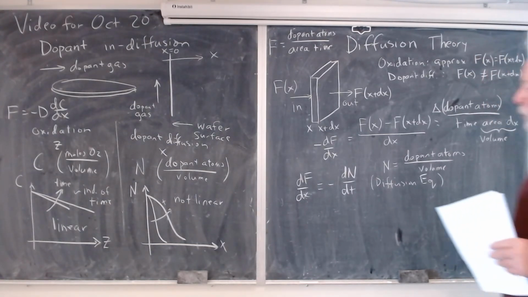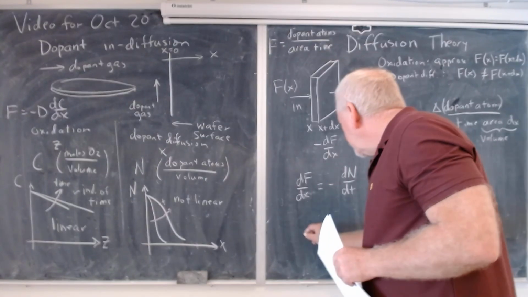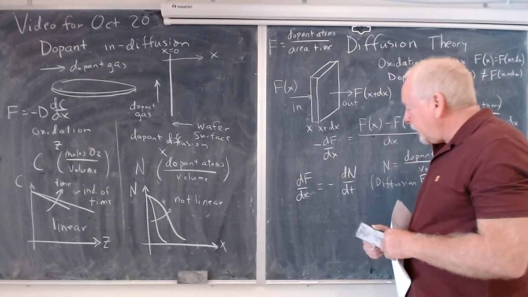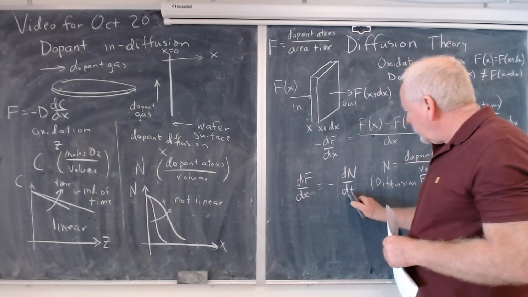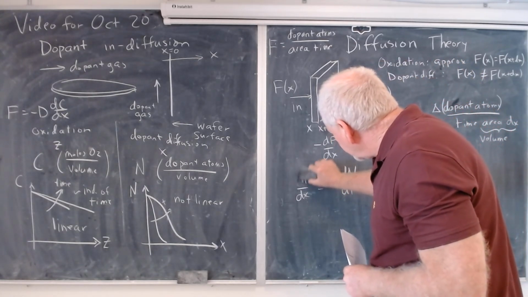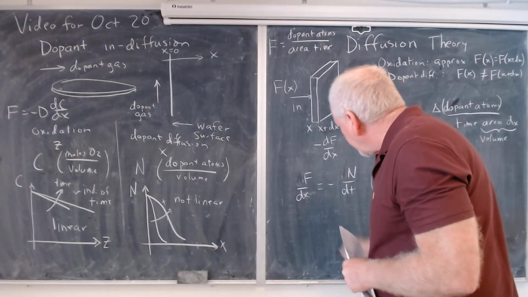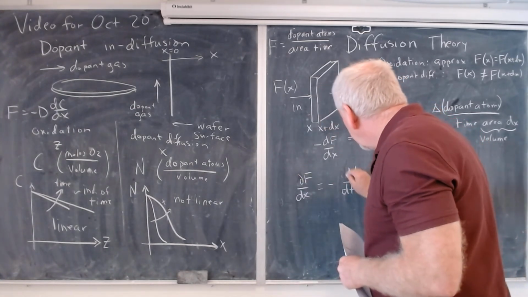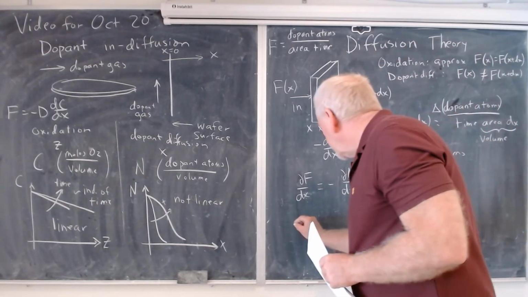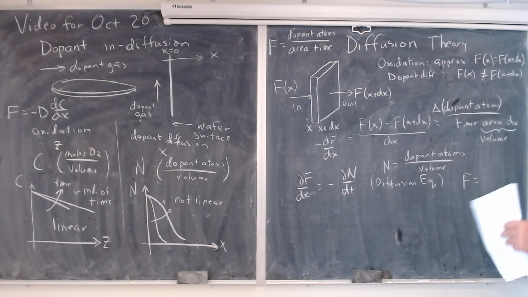And we can go further because we know, I wrote it down over here. Before we go further, you guys remember this from math, right? I've got two variables now, x and t, so I have to make these partials, but don't worry about it. And F, what is the flux?